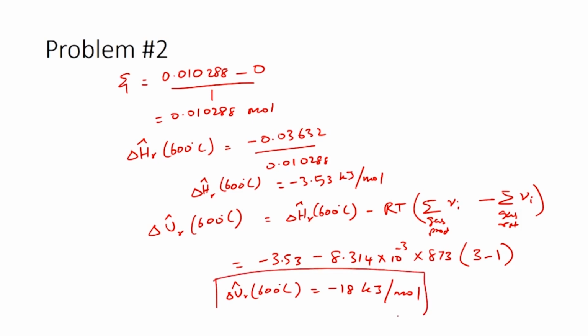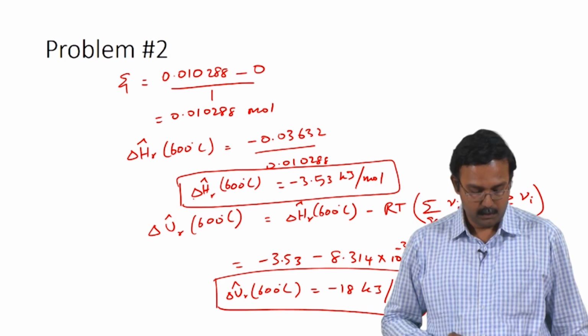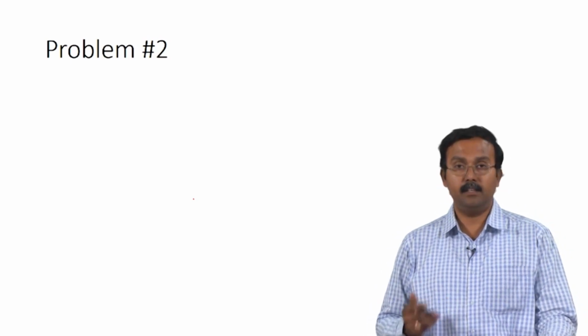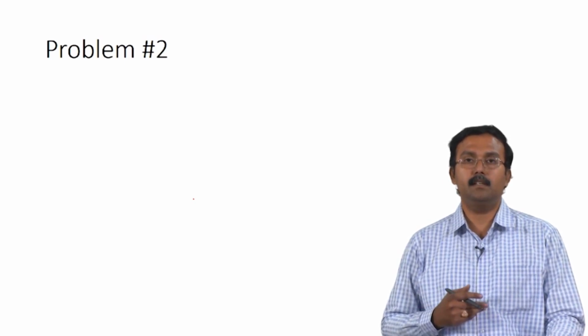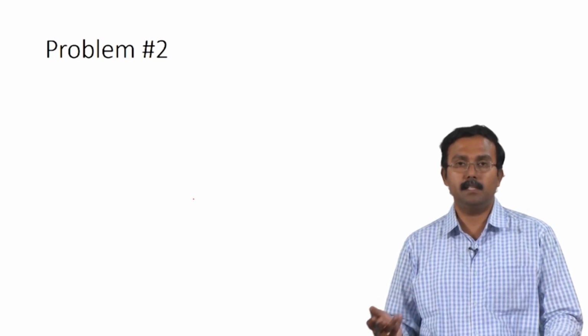So, you have calculated delta HR and delta UR for the 600 degree Celsius condition. The next step is to identify the standard heat of reaction. How would we find it? We can get it using the heats of formation for the compounds present in the reaction.